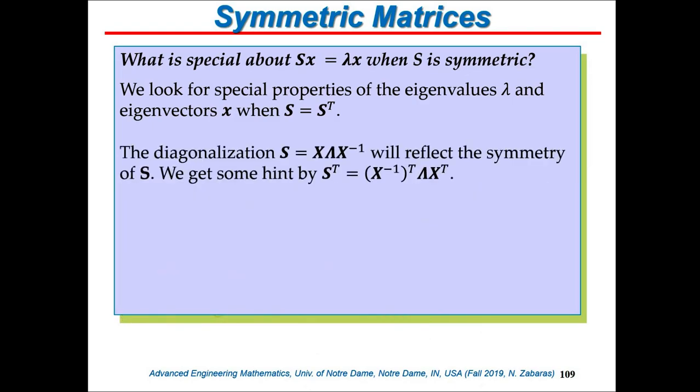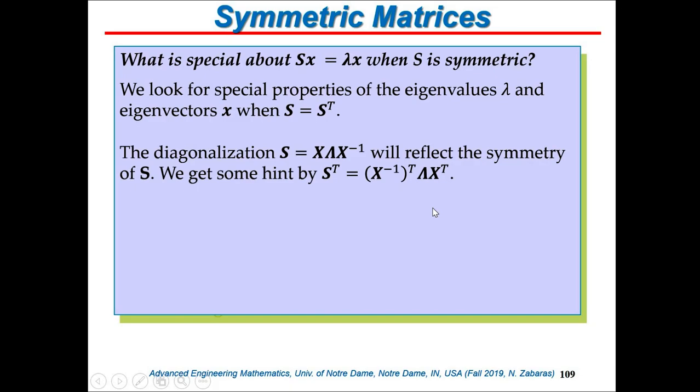We already said that this expression that you see here can be used for any matrix that has distinct eigenvectors, right? So if it happens that this matrix is symmetric and you take S transpose of this expression, what you will get is X inverse transpose times lambda, and lambda remains as is because it is diagonal, times X transpose. So immediately you can see for a symmetric matrix, X inverse has to be X transpose.